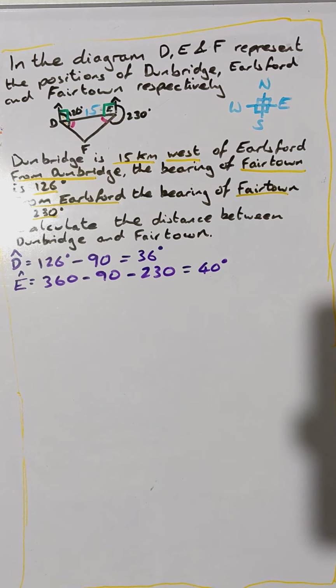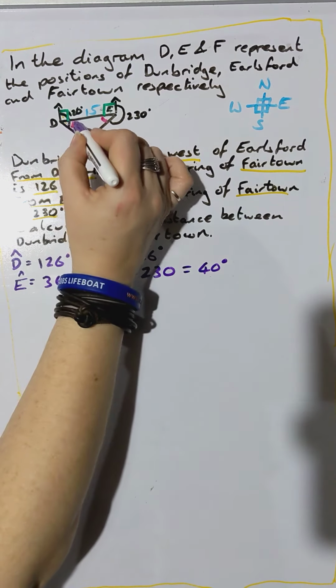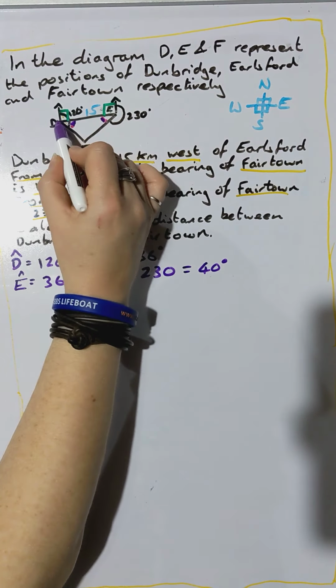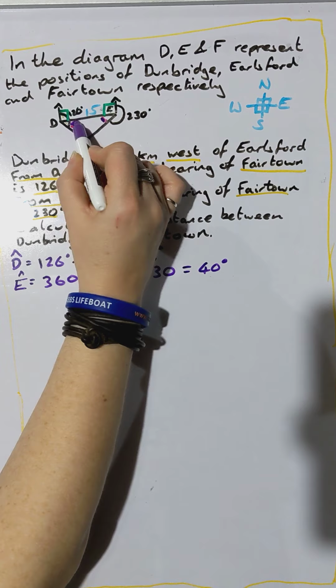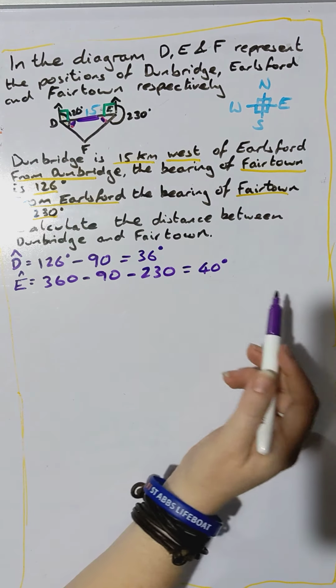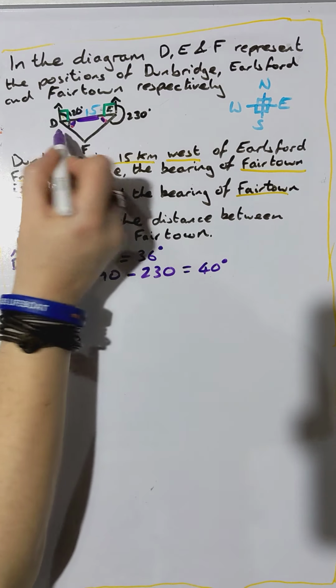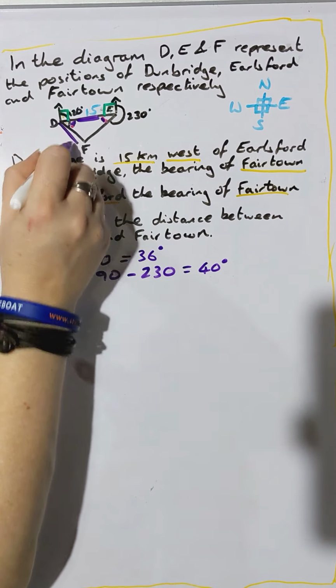Our next step is to decide what we've got and what we need. So we've got this angle, we've got this angle, we know that length, and we're looking for the distance between Dunbridge and Fairtown. So we're looking for this length.